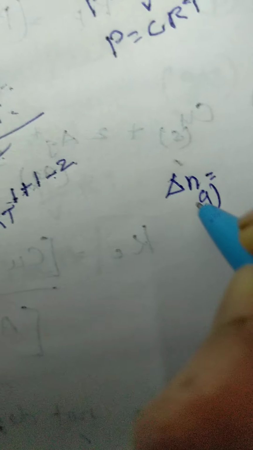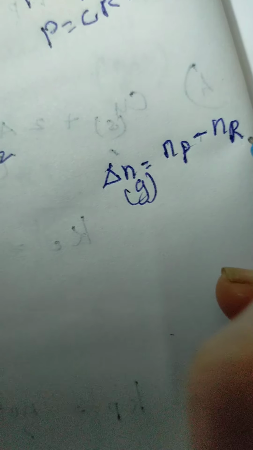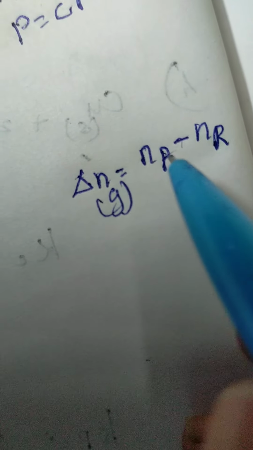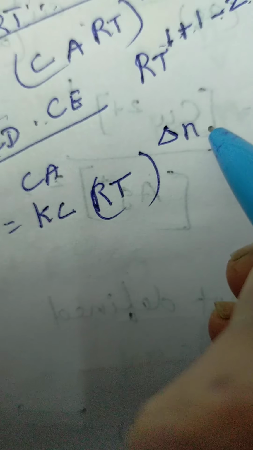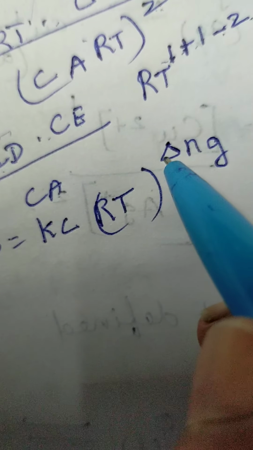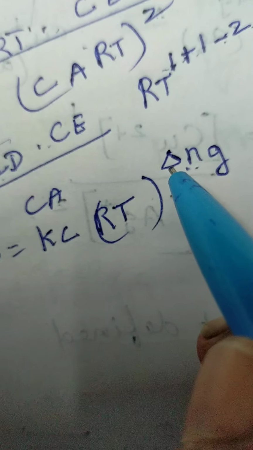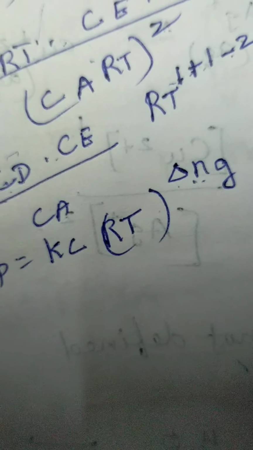Delta n for gaseous substances is the number of moles of products minus the number of moles of reactants.